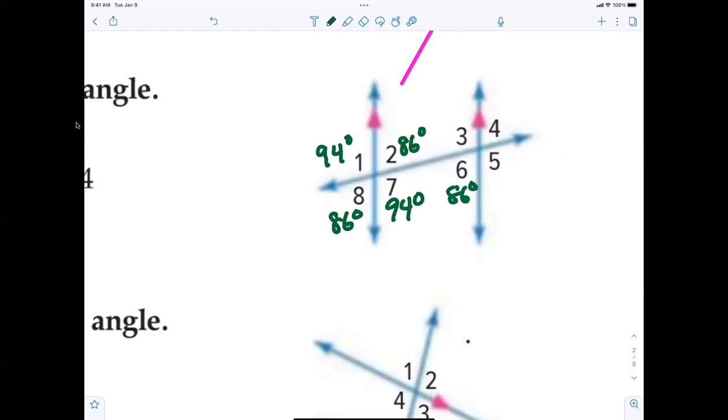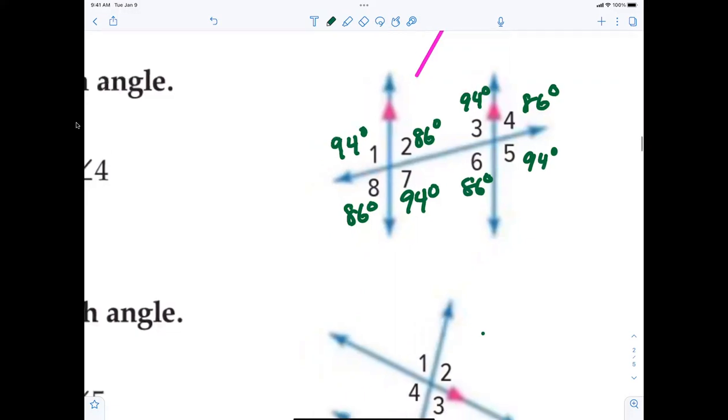Angle 4, and angle 3 and 5, 94 degrees. Anybody have any issues with that? Pretty simple. And in this case, all of the odds are 94 and all the evens are 86.